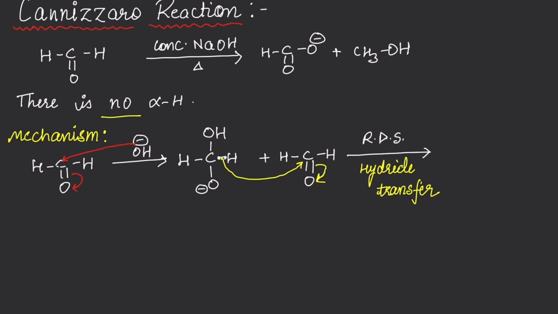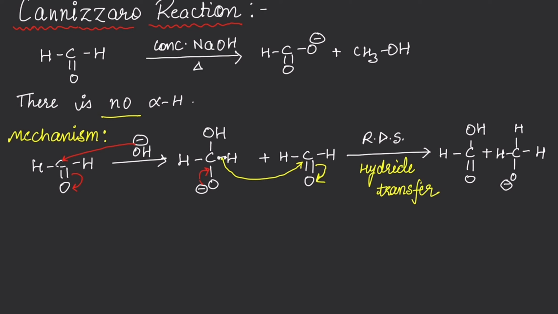This negative charge converts back into a double bond. So it looks like HC double bond O and then OH, which is nothing but a carboxylic acid, and the other species looks like H, C with negative charge on oxygen atom, H and then H. We have done a nucleophilic addition here.